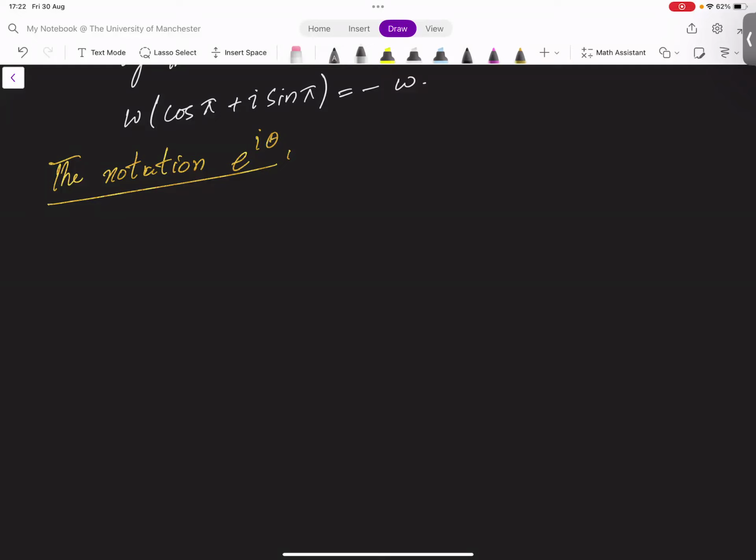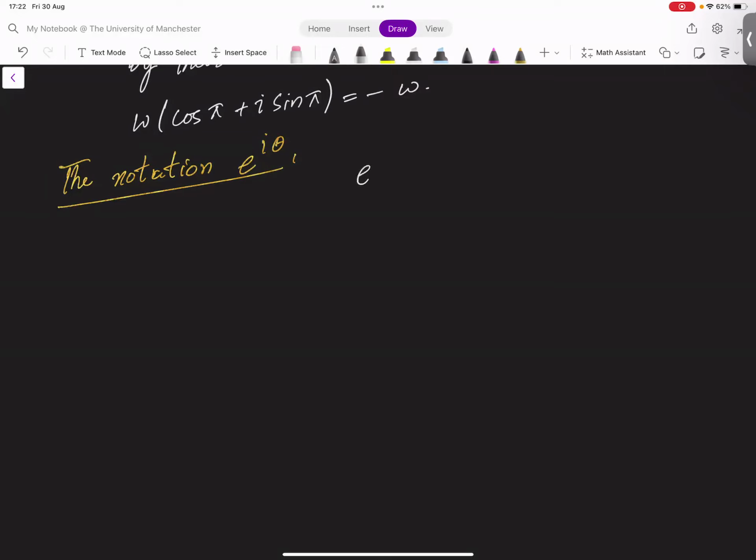It takes time. We therefore introduce a more compact notation by defining e^{iθ} to be cos θ + i sin θ for any real number θ.